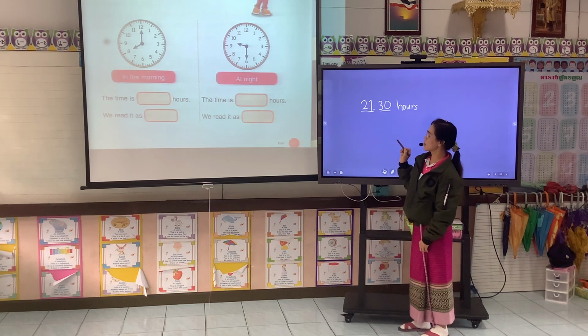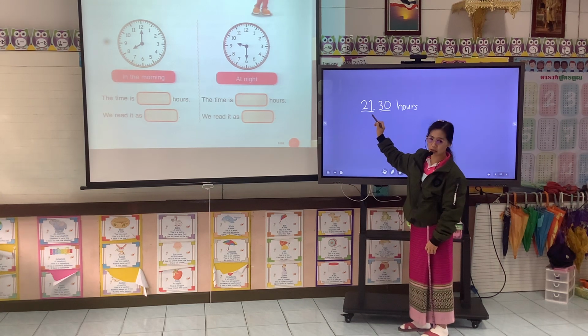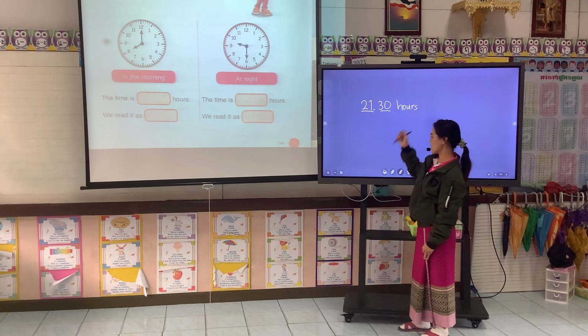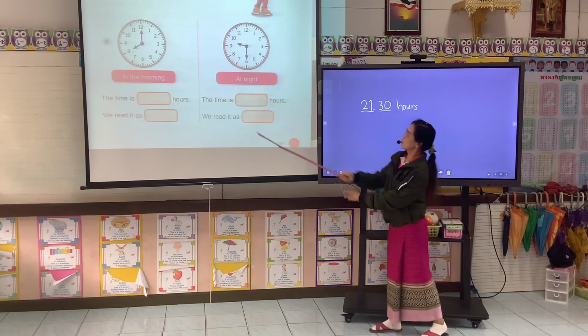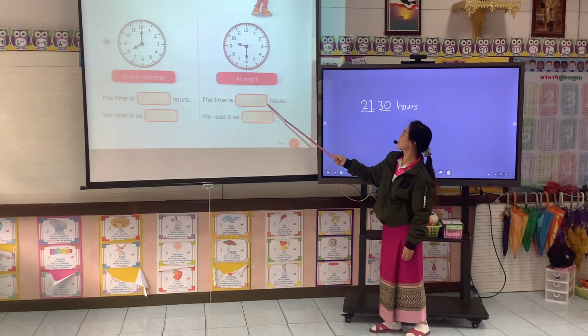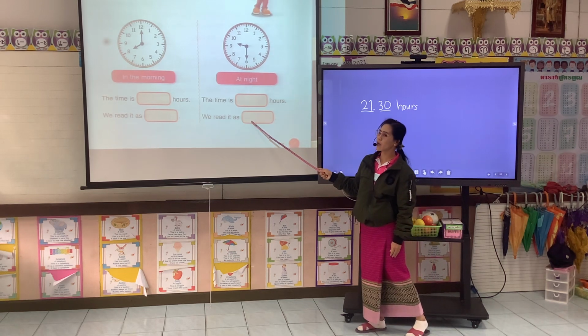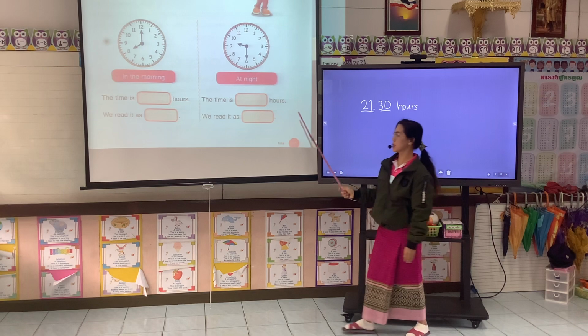In writing the time in the 24-hour system, we use a dot to separate the hour and the minutes. We read it as 21:30 hours.